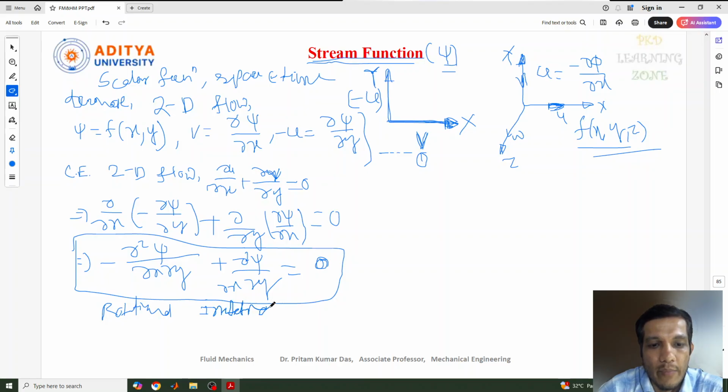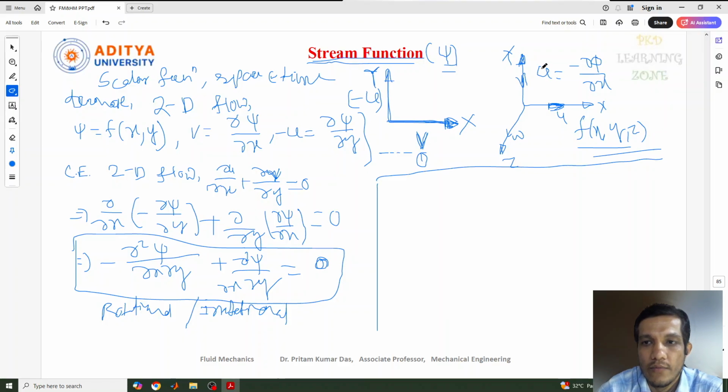For the rotational component, as we have seen for the velocity component also, omega z equals 1 by 2 into del v by del x minus del u by del y, bracket close.